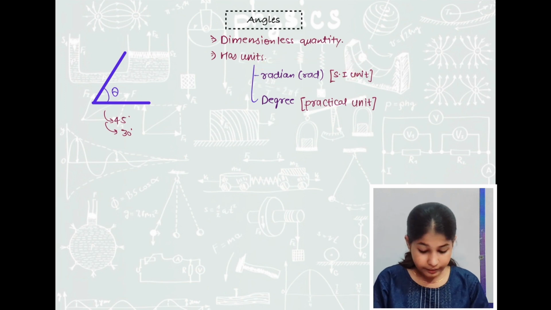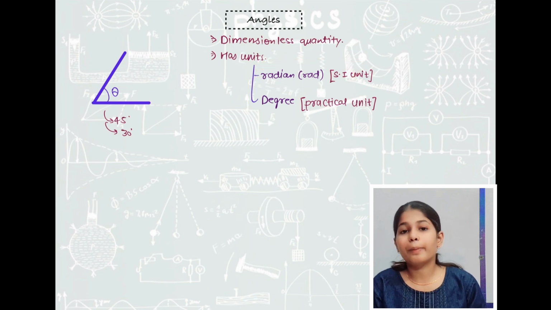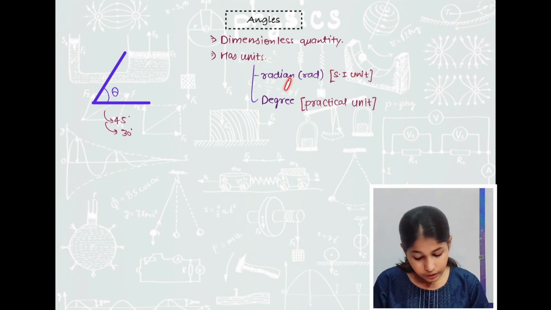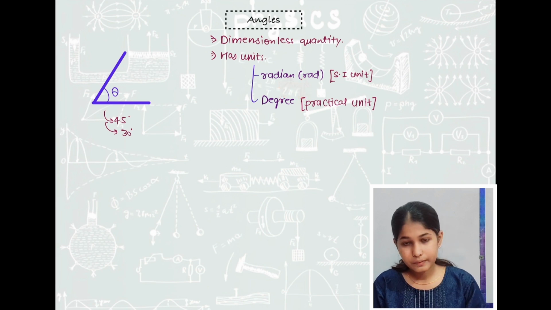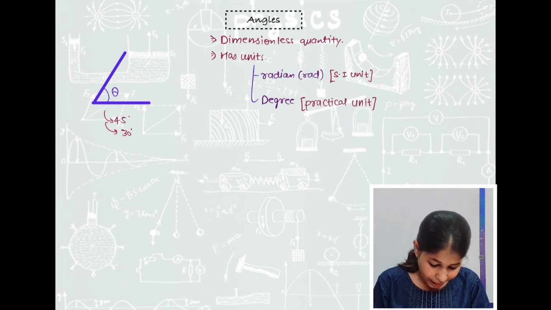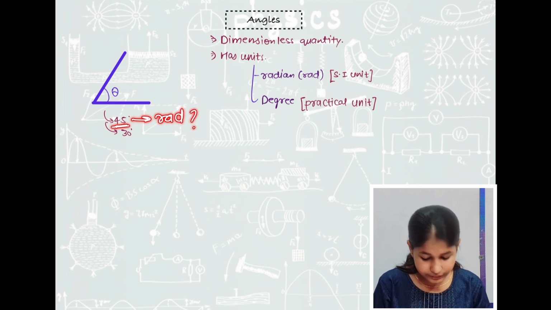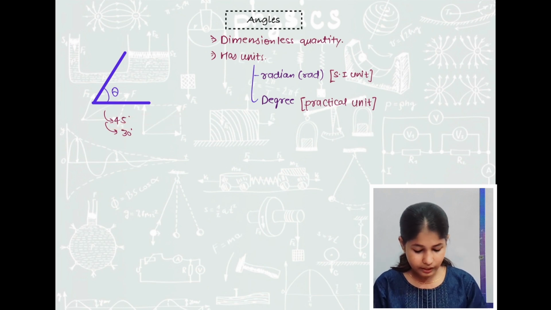Now let's talk about the connection between radian and degree. If I say the measure of an angle is 45 degree, and now you have to give the answer in radian, how many radian is this angle?